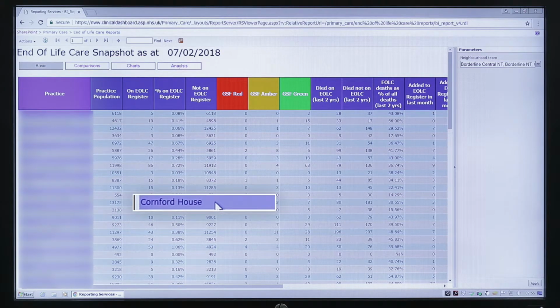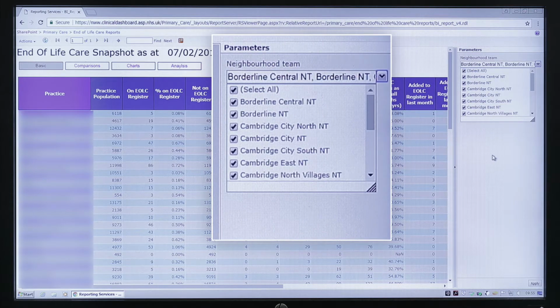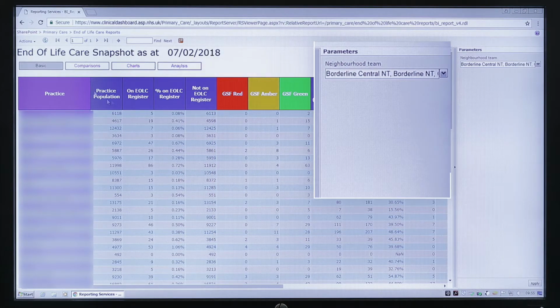This is my practice, so I won't go through the numbers here because they're more interestingly presented in graphs in just a moment. You can select here. At the moment, this is all practices in the CCG, but you can select by neighbourhood community nursing teams if that would be helpful for you.